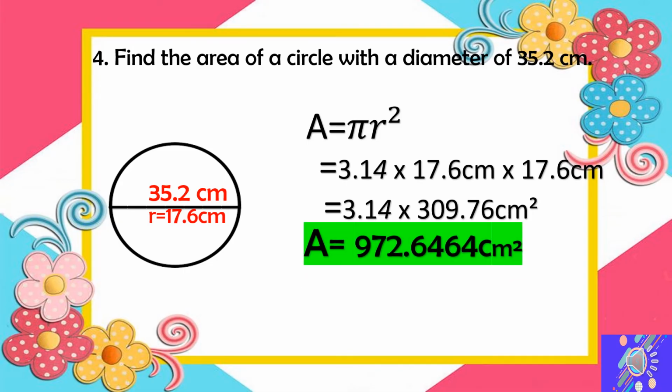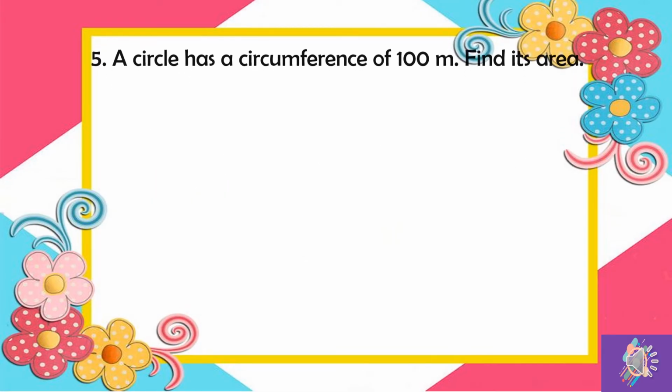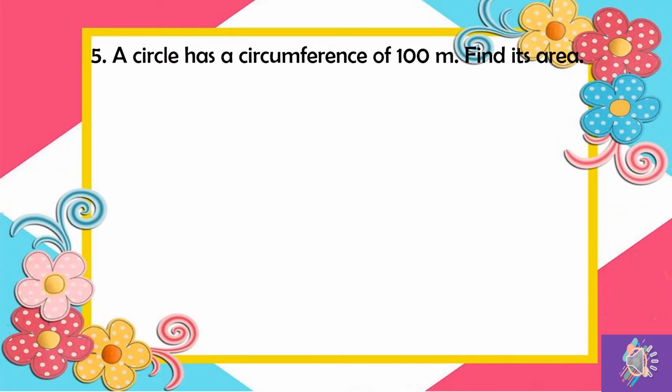And to find the area, we will multiply that number to 3.14, and that will give you the area of 972.64 square centimeters, or it can be 972.65 square centimeters. Now, for number 5, a circle has a circumference of 100 meters. Find its area.